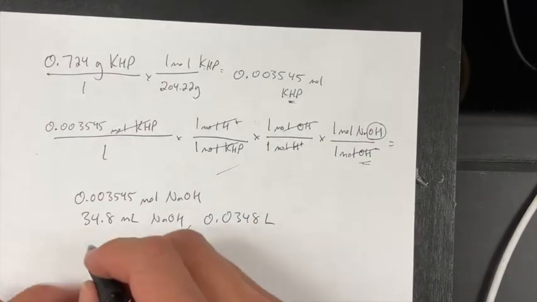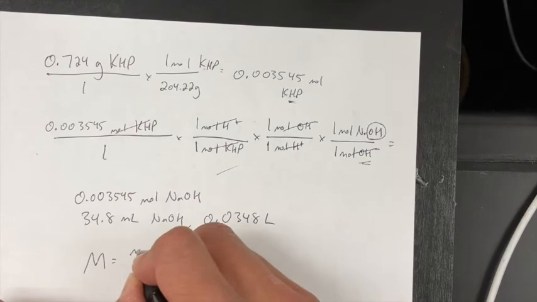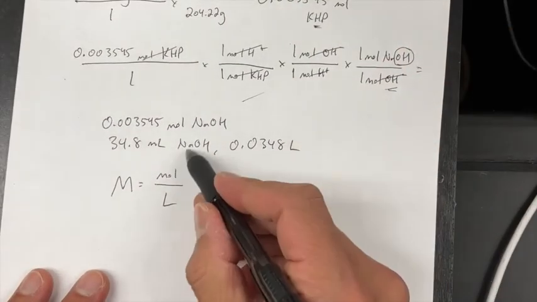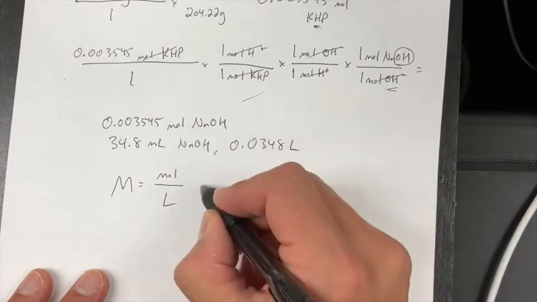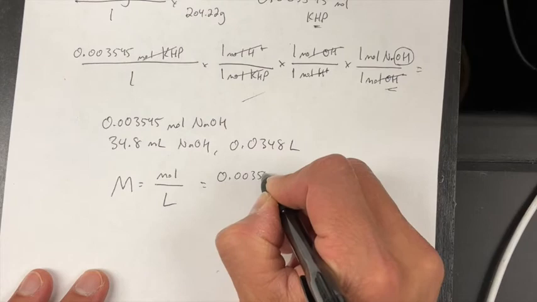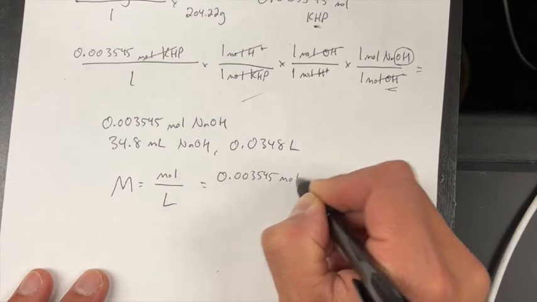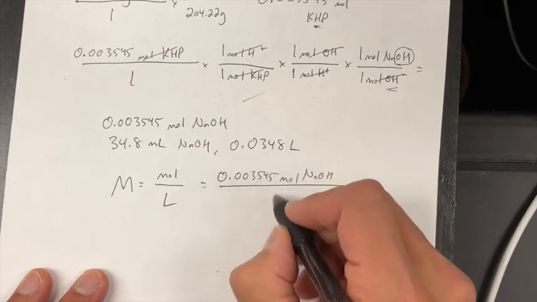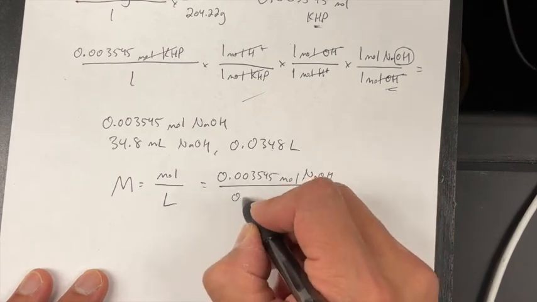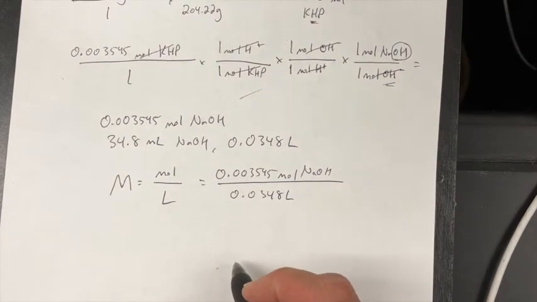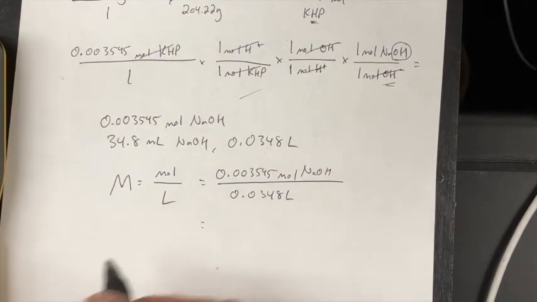And remember, molarity equals moles over liters. So if I have the moles, I have the liters, I can just do 0.003545 moles NaOH over my liters, 0.0348 liters. Go ahead and solve that.